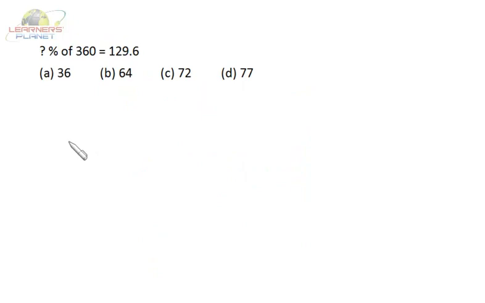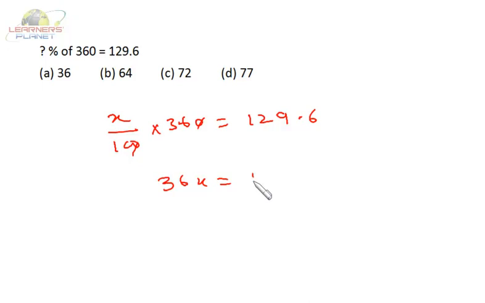Now in this question, x percent of 360 is equal to 129.6. x by 100 into 360 is equal to 129.6. Friends, even in this case, you can go by the digital root concept, or you can calculate it by the unit digit, since in all the options the unit digit is unique.